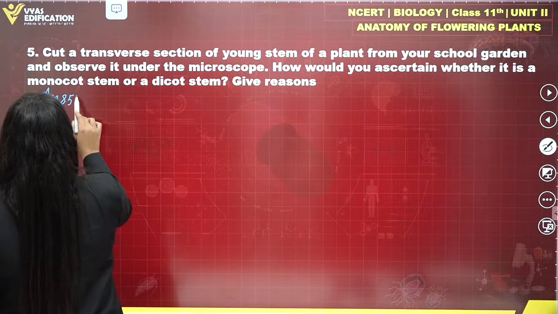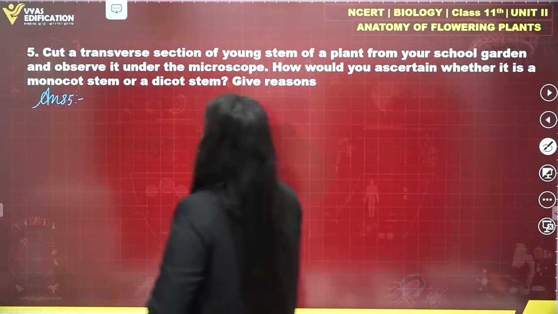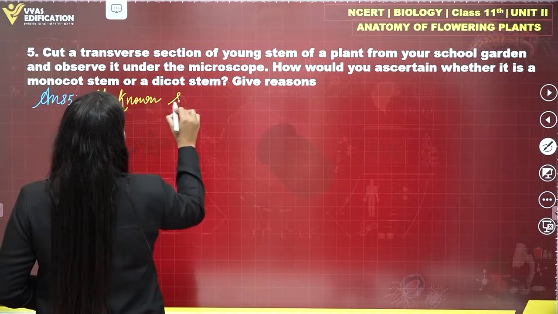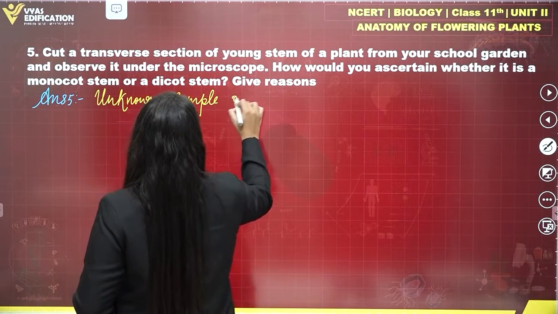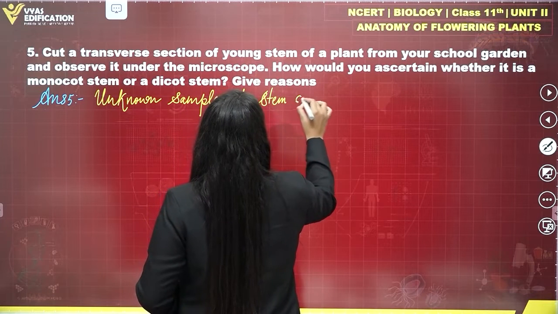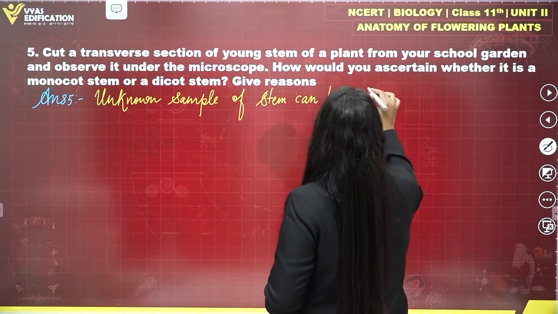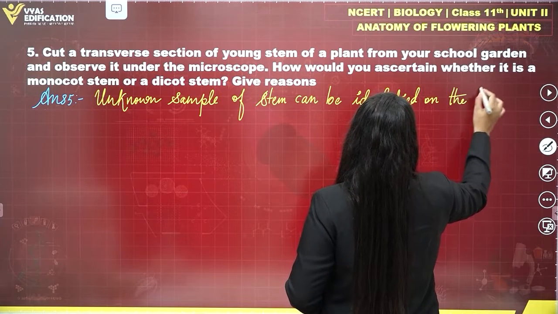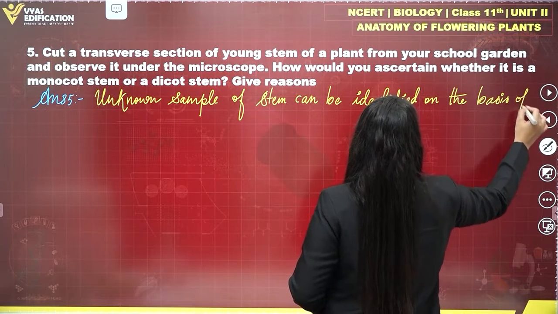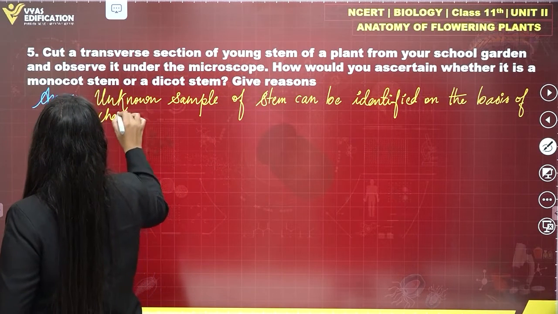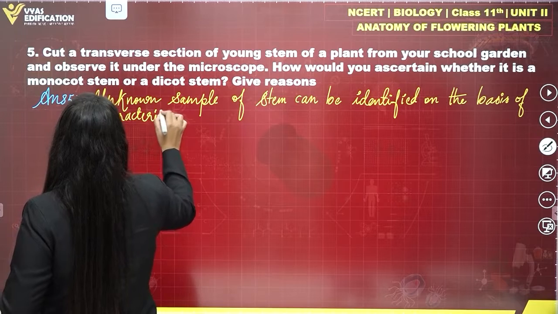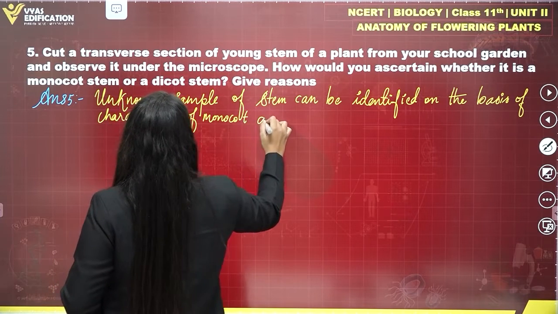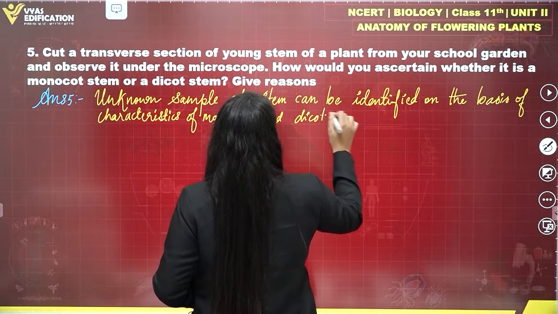Answer 5. The unknown sample of stem can be identified on the basis of characteristics of monocot and dicot stem.